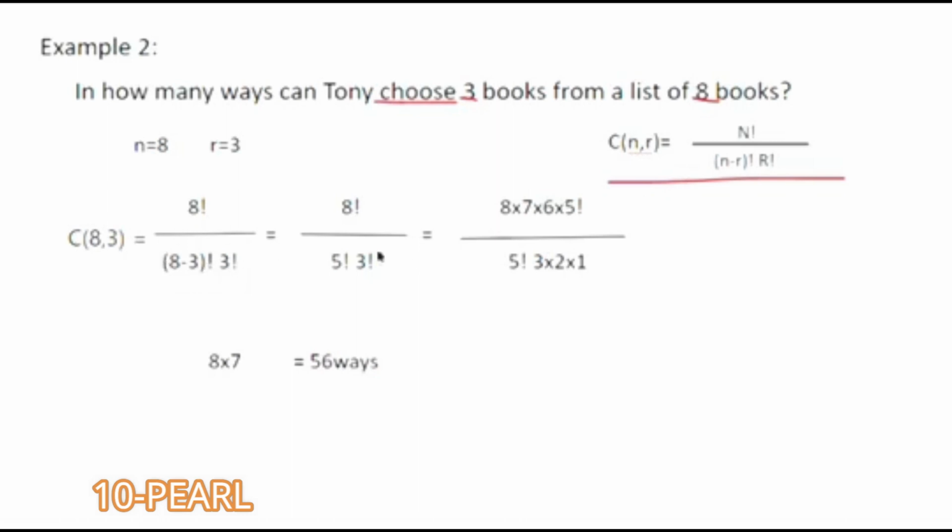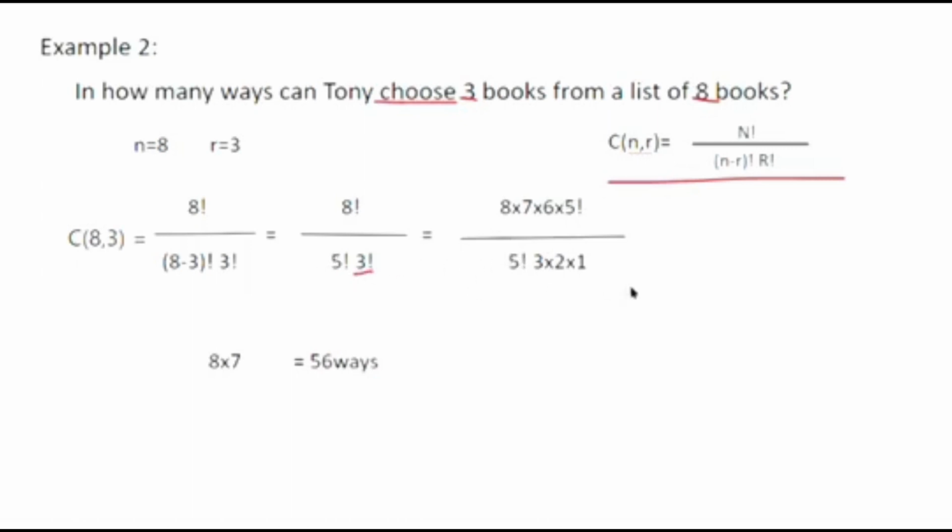I-solve natin. 8 factorial over 8 minus 3 factorial is equal to 5 factorial times 3 factorial. So, expand natin itong given na ito. Si 8 factorial magiging 8 times 7 times 6 times 5 factorial. Sa denominator naman, over 5 factorial, copy natin.